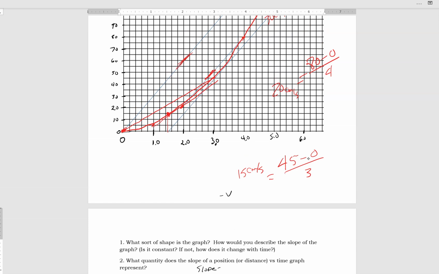Well, we can take that tangent line slope one of two ways. We can either say the slope from 1 to 3, or we can draw the tangent line. I'm going to take the slope from 1 to 3, use that bracket method that we already developed up there. So at 3, it's 45 minus 5 over 2, which gives me 40 over 2, or 20 centimeters per second.